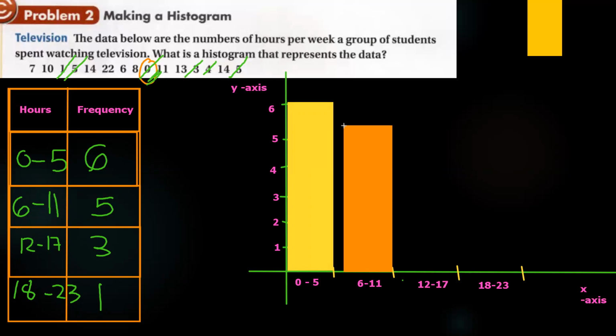Or don't make a space. Just make the bars stick to each other, and they must have the same width. Since my drawing is not accurate, you don't see that all the bars are the same, but they must have the same width.